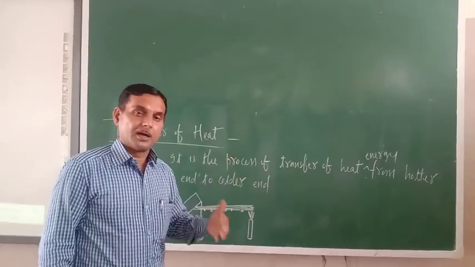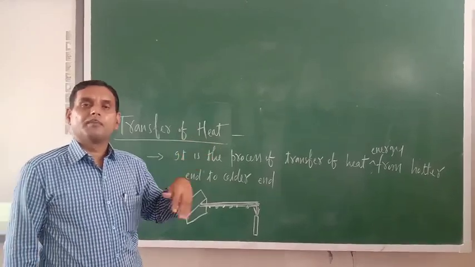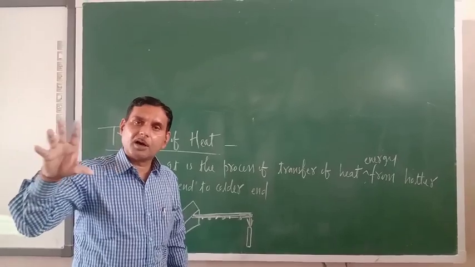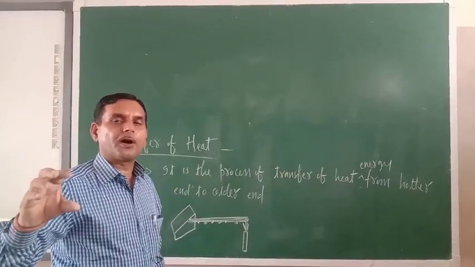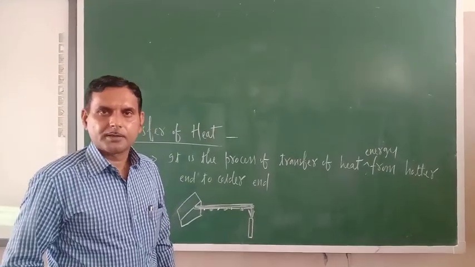How is it possible? Only the bottom part of the pan is in contact with the flame, but the entire part is becoming hot. It means heat has a tendency to flow from hotter end to colder end.